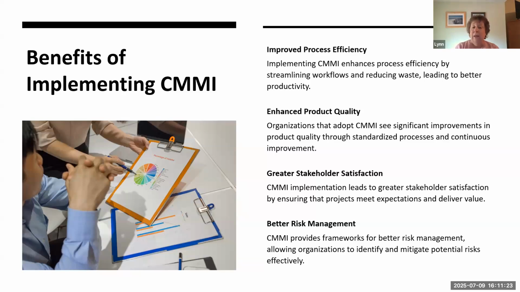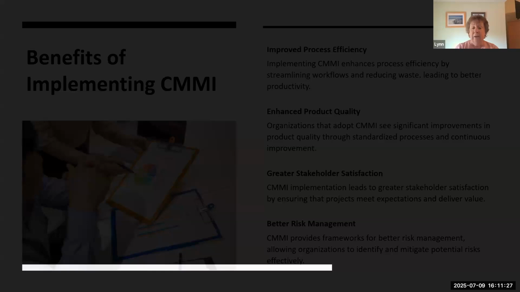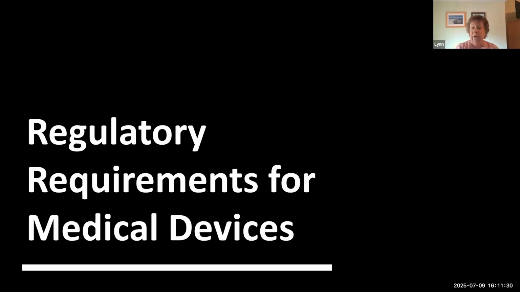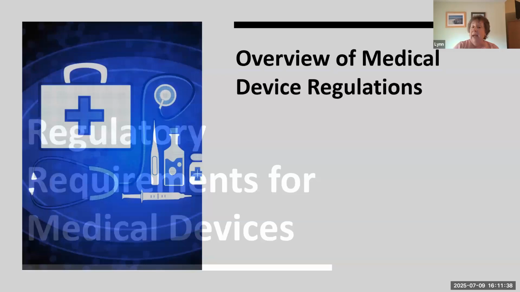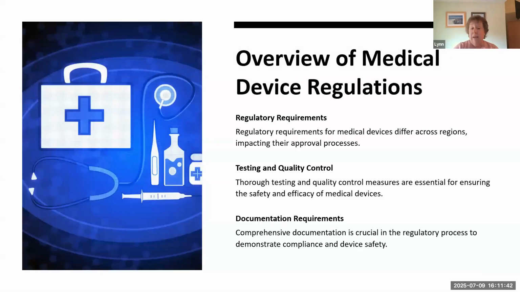So the medical device organizations out there have strict regulations. They're for safety, effectiveness, and it's really critical that they're compliant with those regulations. They have, as I said, regulatory requirements. They have testing requirements. They have documentation they have to produce.